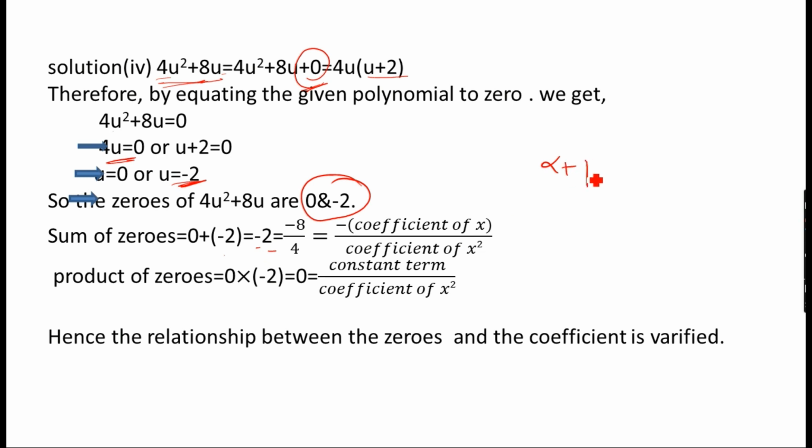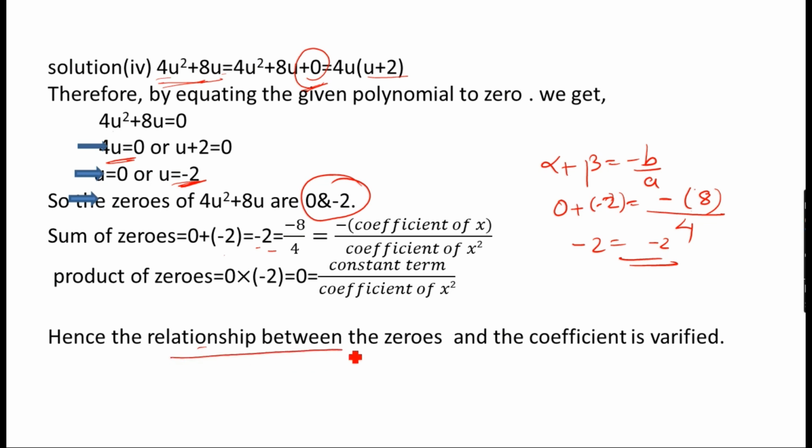On putting the values in the formula, alpha plus beta is equal to minus b by a. Alpha is 0, beta is minus 2, which is equal to minus the coefficient of b, 8, over the coefficient of a, 4. Minus 2 is equal to minus 2. Hence, the relationship between the zeros and the coefficients is verified.